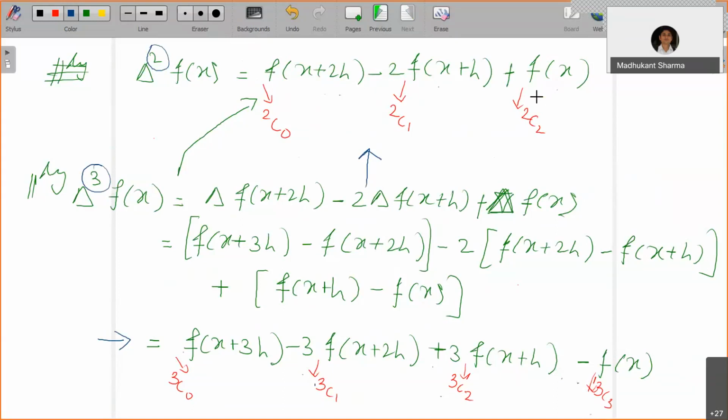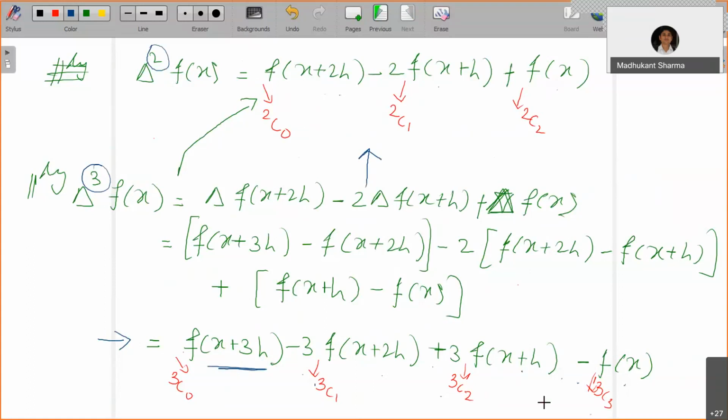So these coefficients are binomial and occur with alternating signs, ending with positive or negative depending on whether you apply the operator an odd or even number of times. The other thing is you start with x+3h, where 3 is how many times you have applied the operator: x+3h, x+2h, x+h, x. Function values are evaluated in this way.